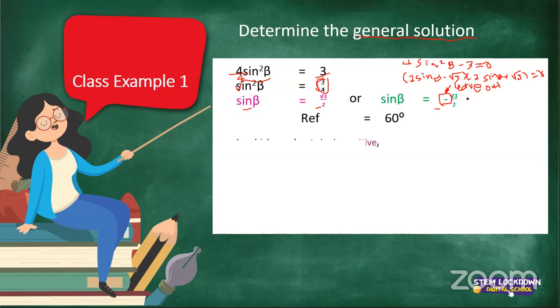And so that means we are asking the question, in which quadrant is sine positive to solve for this? And in which quadrant is sine negative to solve for this side, right? So sine is positive in the first and the second quadrant, right? So we're going to start with solving the positive side first, okay? In the first quadrant, you know that you do not have a reduction formula.